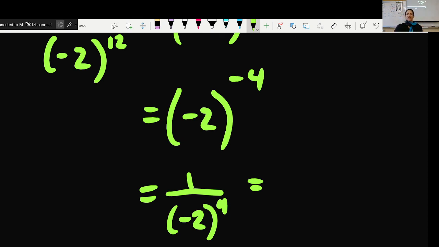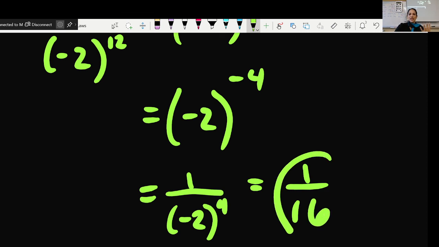Do we know that off the top of our head? That's a base of 2. That's reasonable. First of all, is the answer going to be positive or negative? If we have a negative in the brackets and this exponent is even, it's going to be positive, so I can just pretend it's 2 to the 4. What is 2 to the 4? 2 times 2 times 2 times 2. What is that? So we get 1 over 16 as our answer.